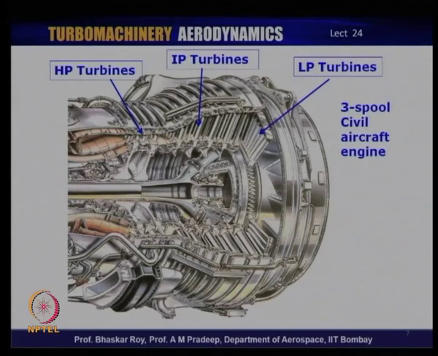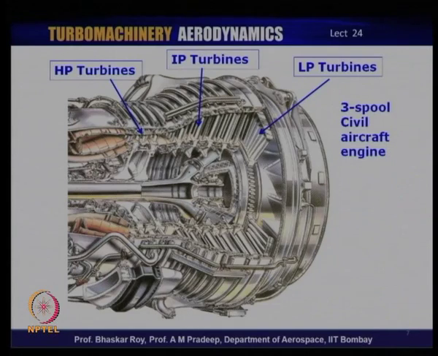So, it has 3 spools, and this is one shaft, this is the second shaft, and this is the third shaft. So, it is a 3 shaft or 3 spool civil aircraft engine, normally a very large civil aircraft engine used for large aircraft. There are quite a few of them, they are not in the majority as yet.